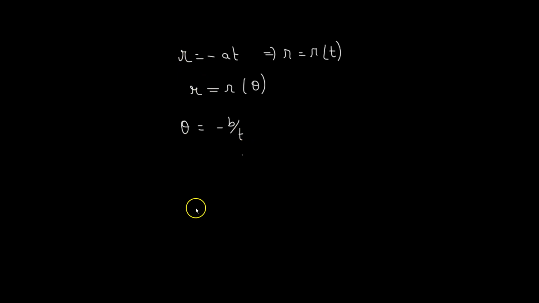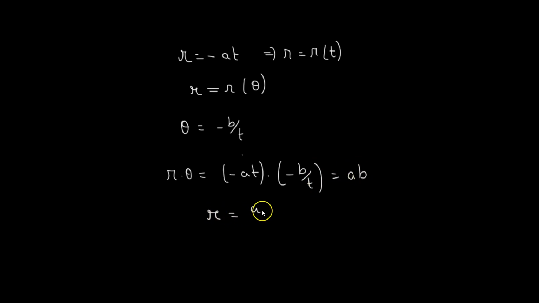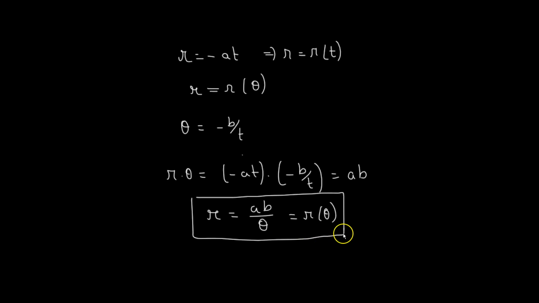So let's take r and multiply it by theta. So r times theta will be negative at multiplied by negative b over t, which equals ab. That means our r equals ab divided by theta, and this is clearly a function of theta. So this is the expression for r expressed as a function of theta.